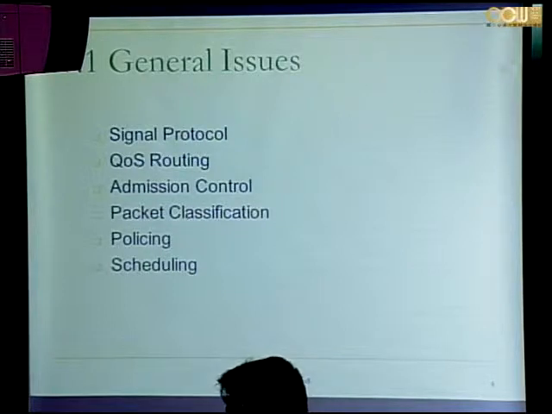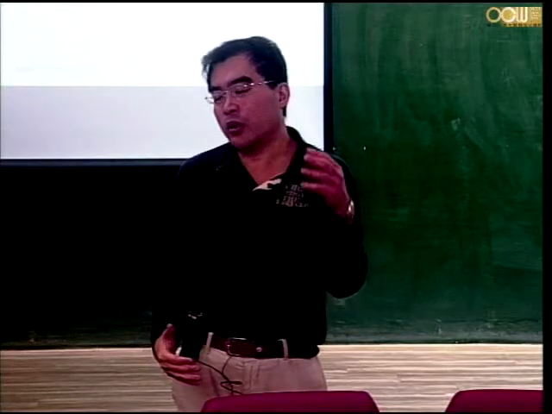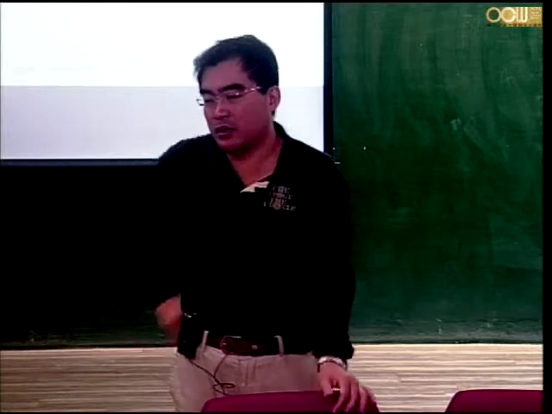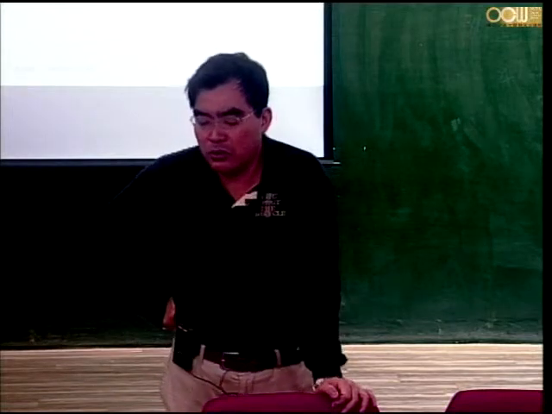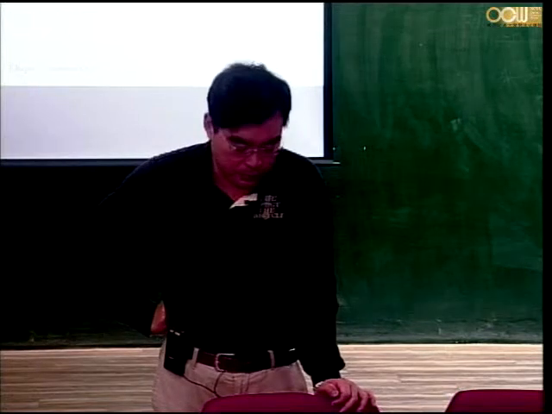I need to classify the packet into a flow queue, because I have flow queues. If I have 100 flows, I have 100 queues, and I need to classify the incoming packet so that we know which queue to put the packet in, which flow queue the packet belongs to.